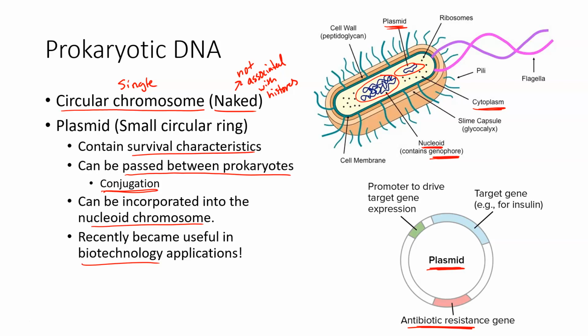One of the ways that these biotech applications work is that we take a plasmid and we use the circular ring of DNA kind of as the vector by which we will not only target the gene, but will also ensure that the gene is expressed within the prokaryote that receives the plasmid.